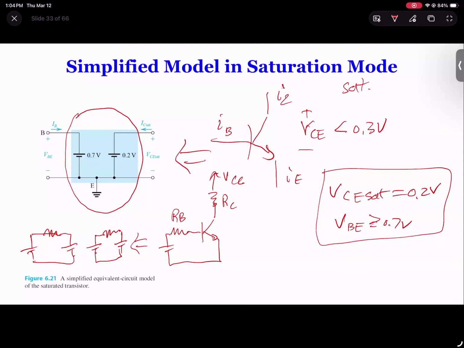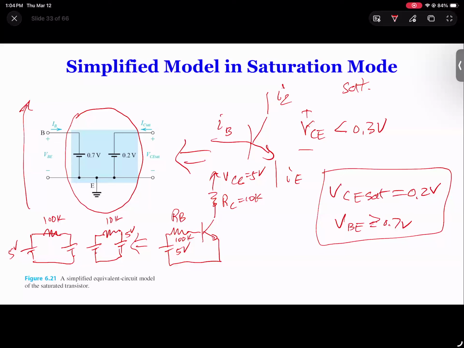And if I say this is 5 volts, and this is also 5 volts, so I would get 5 volts here. Let's say this is 10K, and this is 100K. So I will have 5 volts divided by 100K, and this is 10K. So I'm going to write on top here how much current we have.